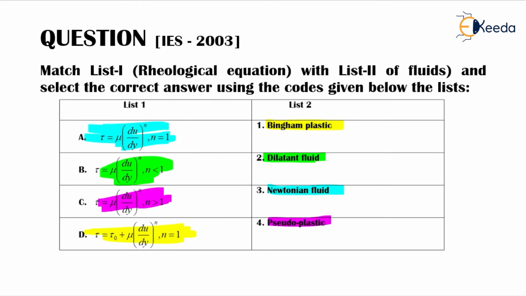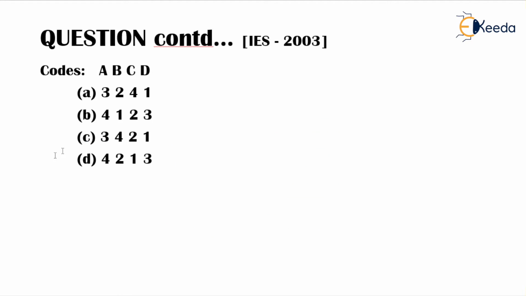So we can relate it by A3, B2, C4 and D1. 3241 will be our answer. So 3241 is the very first answer, option A. This will be the correct answer for us.